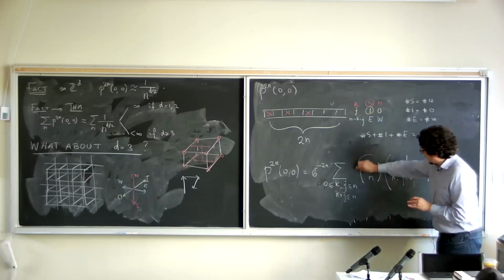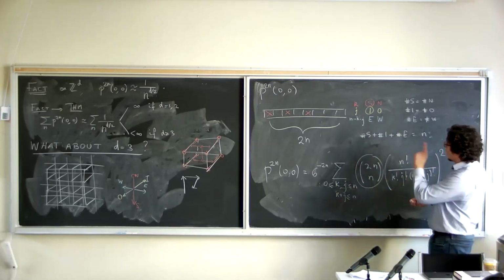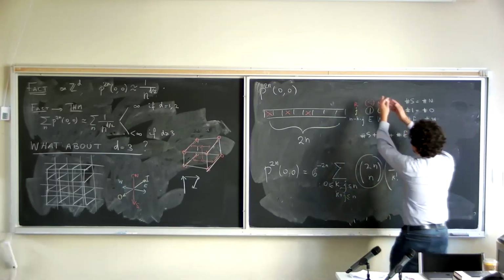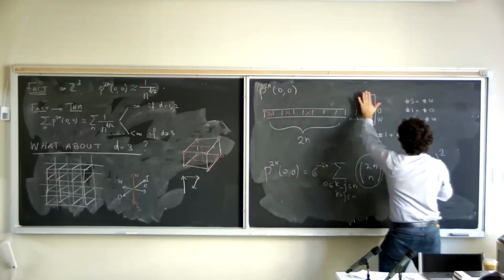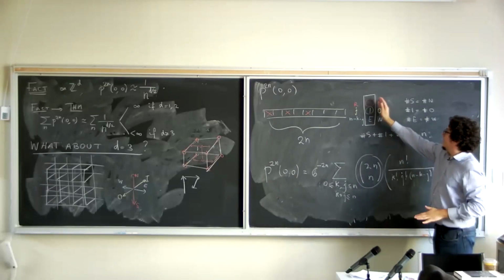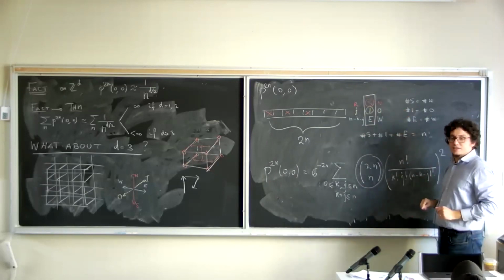So first of all, we have to choose n out of 2n, right? We divided this into the left labels as I or E, and the right type of labels, right?